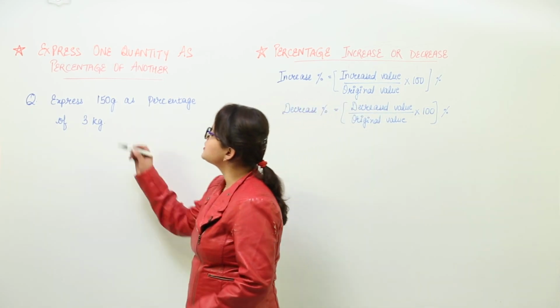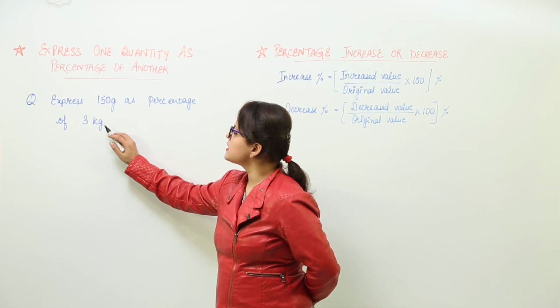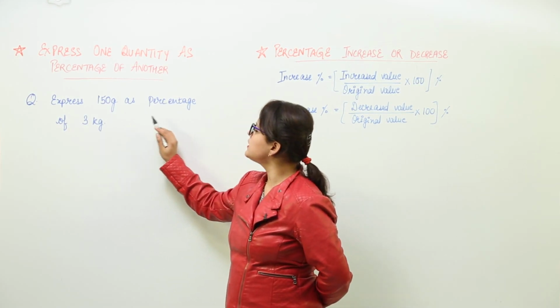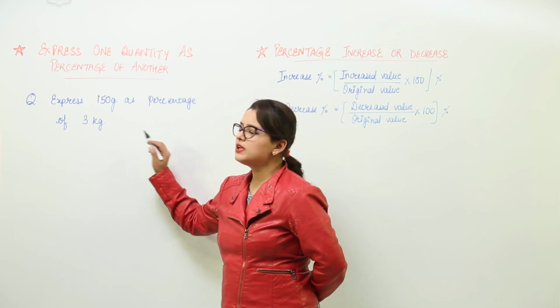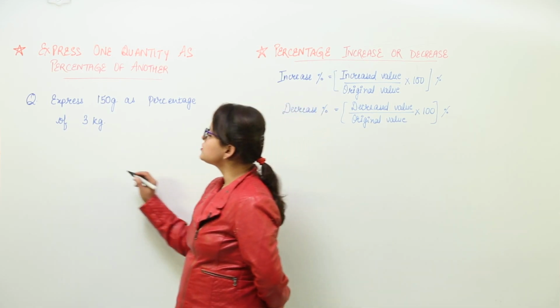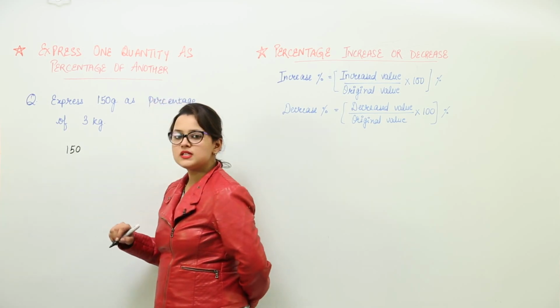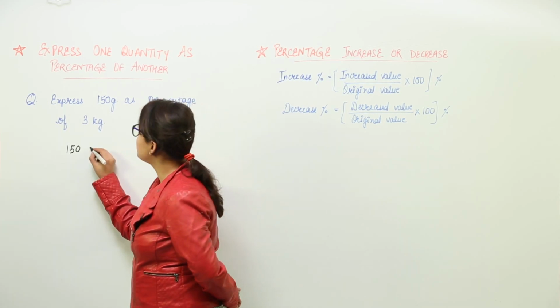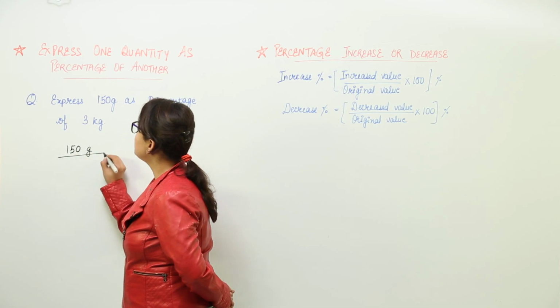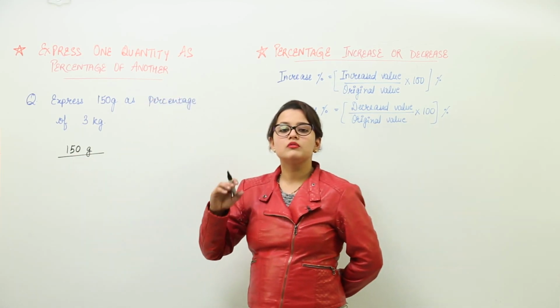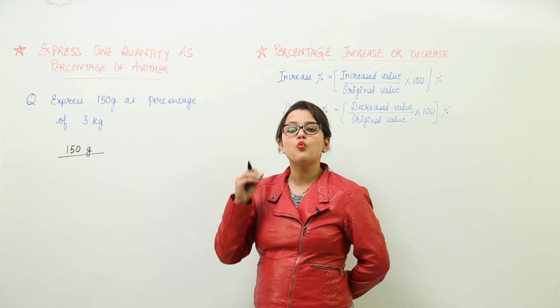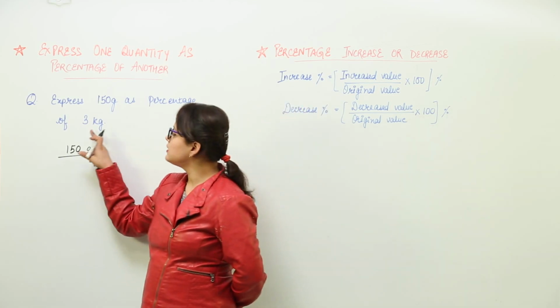For this, we have taken up an example which says express 150 grams as a percentage of 3 kgs. So here, first of all, we have to write the quantity whose percentage is to be written, that is 150 grams, divided by the quantity we are comparing it to, that is the 3 kgs.